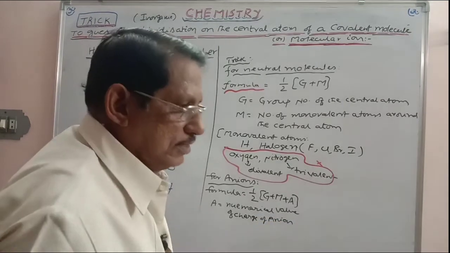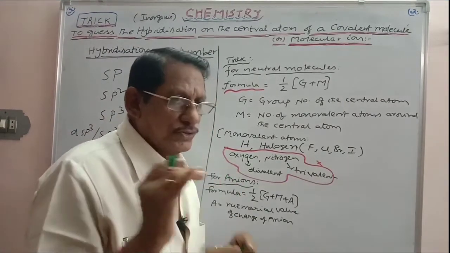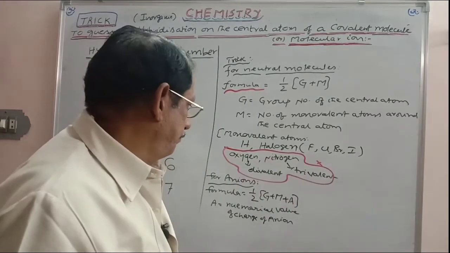You have to take only the numerical value. Suppose SO4 minus 2, you have to take 2. That is to be added here.